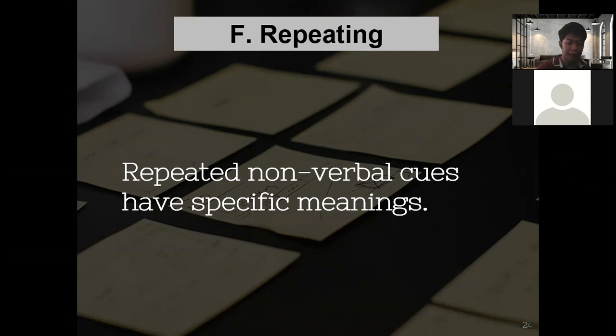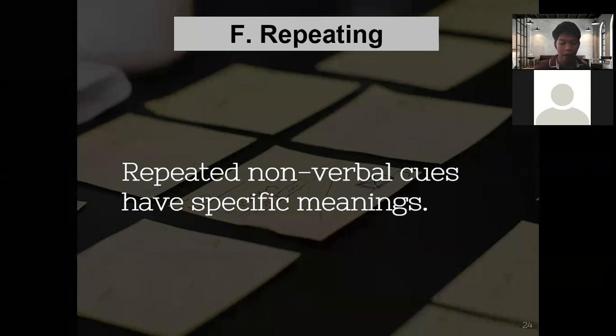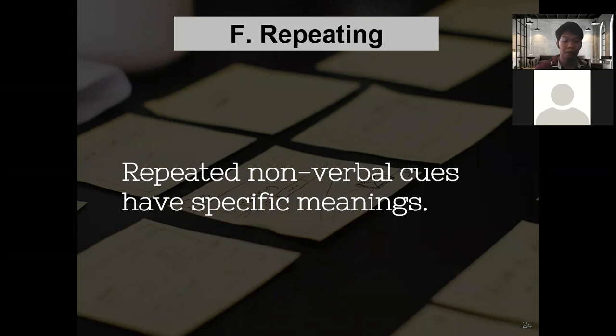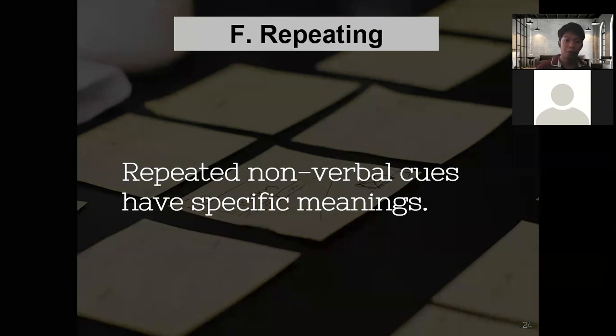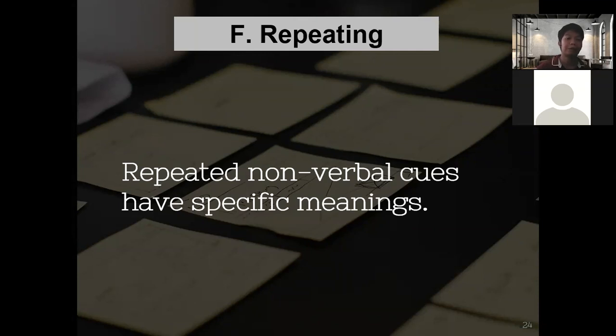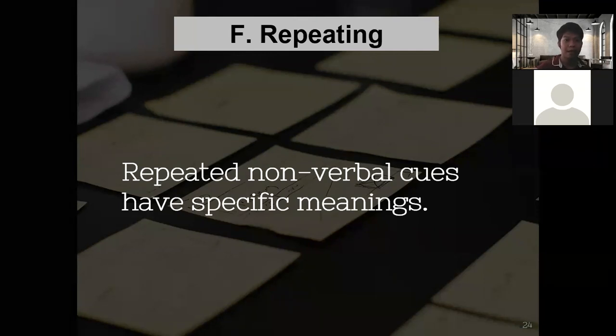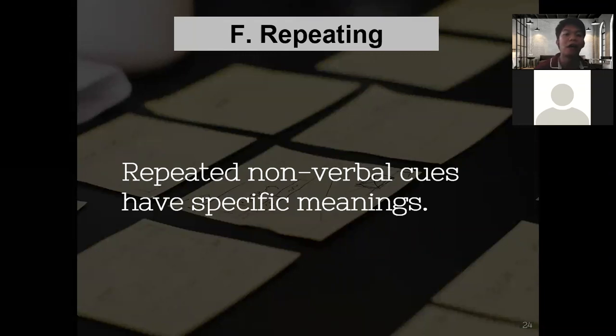Another example in repeating. Repeated nodding expresses agreement to a point, while repeated shaking of the head shows disagreement. But the harder part in understanding, when it comes to deciphering the function of nonverbal communication, is that they can overtake or overlap the functions or meanings.